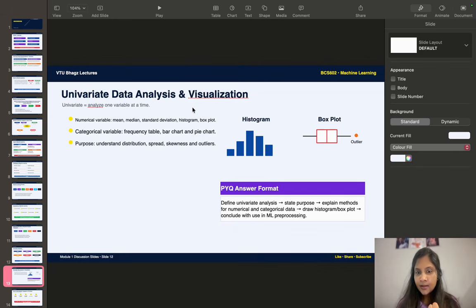For numerical data, which graph is used, and for categorical data, which graph can be used.